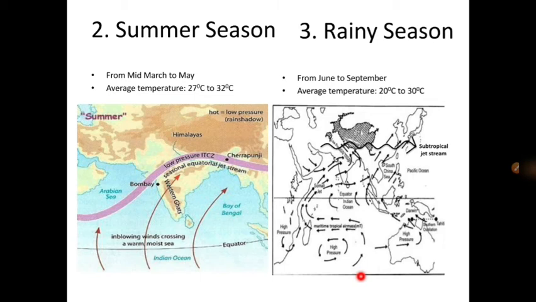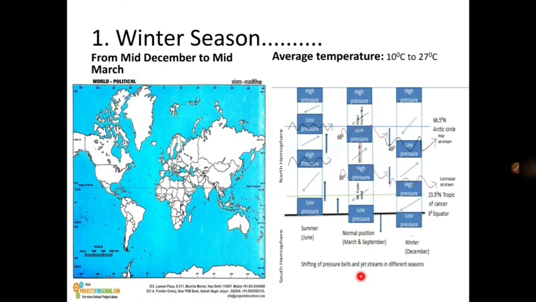In fact, with the northward march of the overhead sun after vernal equinox, you can see here, in summer season after 21st March the sun is moving in the northern hemisphere. So the low pressure area is shifting towards north.